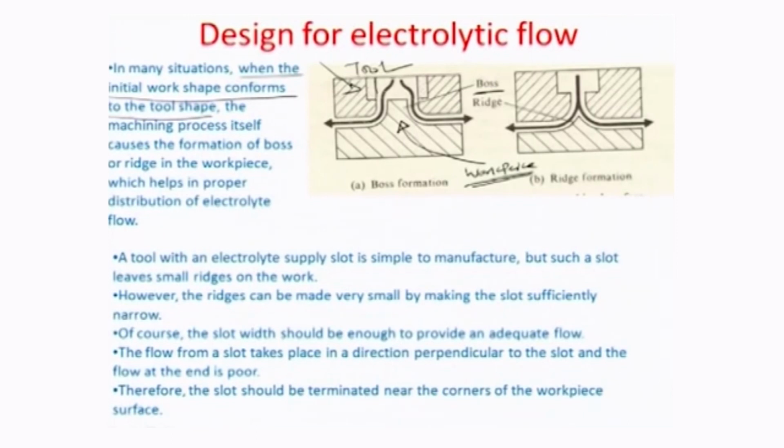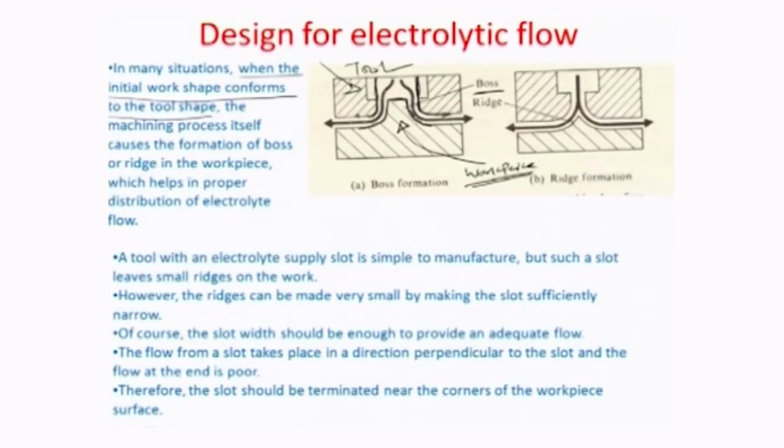There is a small chamfered corner of this tool, and there is a concentric coaxial channel which is available for the electrolyte flow, and the boss on the surface, which was existing from before, has somehow come in alignment with this coaxial fluid path which has been artificially made in the tool surface. So, what will it result in?